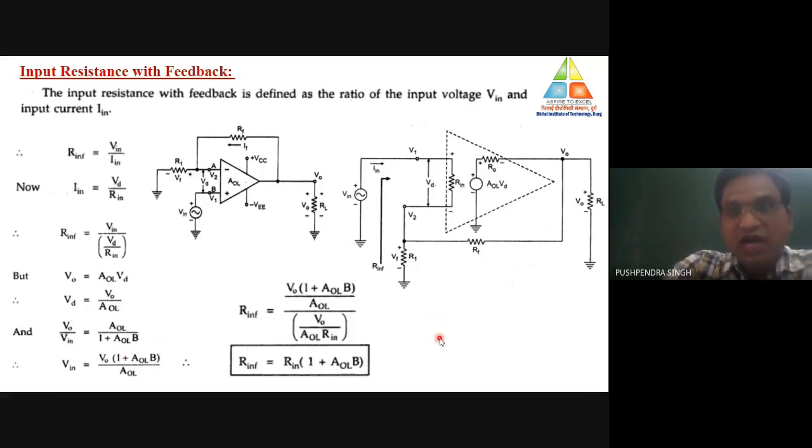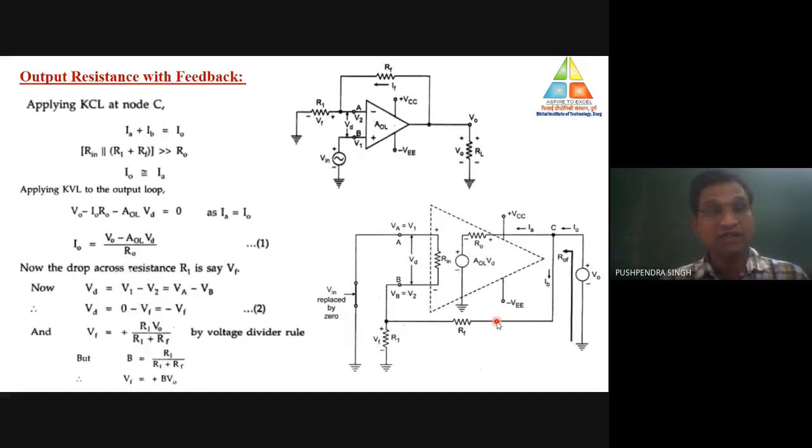So this is how we can calculate the value of input resistance with feedback in case of voltage series feedback. Now the output resistance with feedback is the same. The final expression for output resistance with feedback in case of voltage series and voltage shunt, in both the cases, the complete derivation is the same.